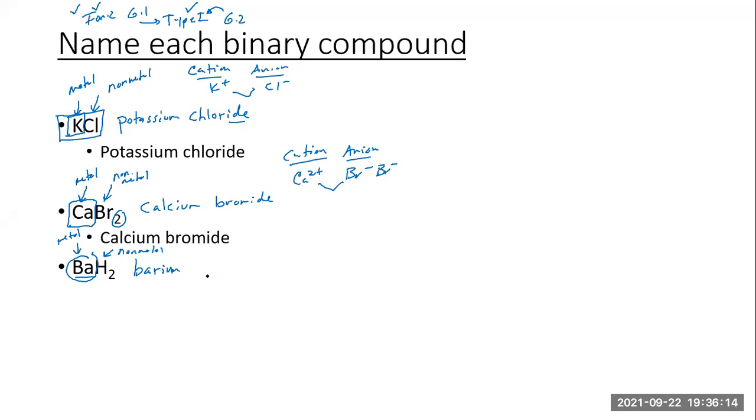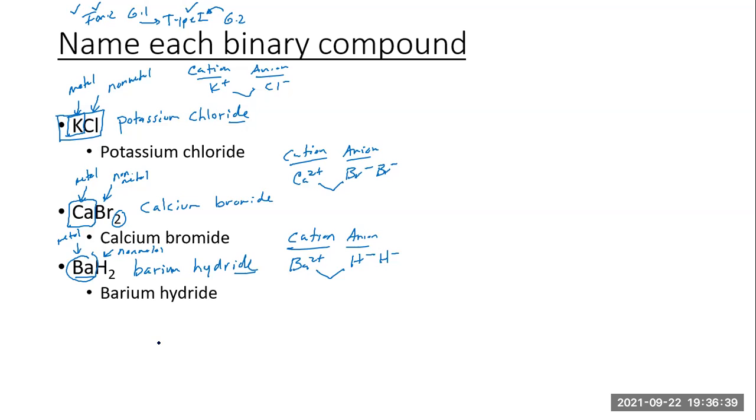And hydrogen actually becomes the IDE version of it, and it is barium hydride. That is because in this particular case, the cation is barium with a +2. The anion here is hydrogen with a -1. And that's also why we have not one of those guys, but we actually have 2 of those guys.